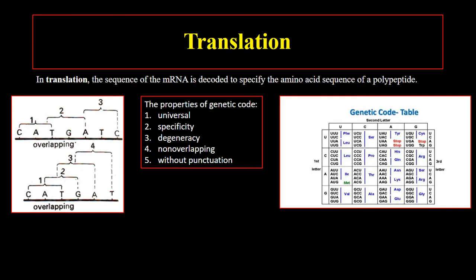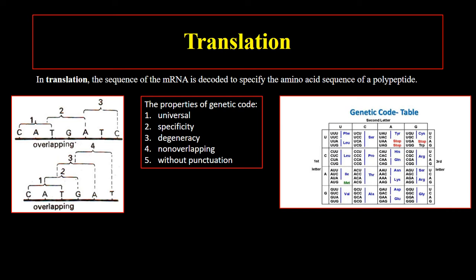And after that, there is the cytoplasmic stage of protein biosynthesis, and the first stage of the cytoplasmic stage is called translation. In translation, the sequence of the mRNA is decoded to specify the amino acid sequence of a polypeptide.